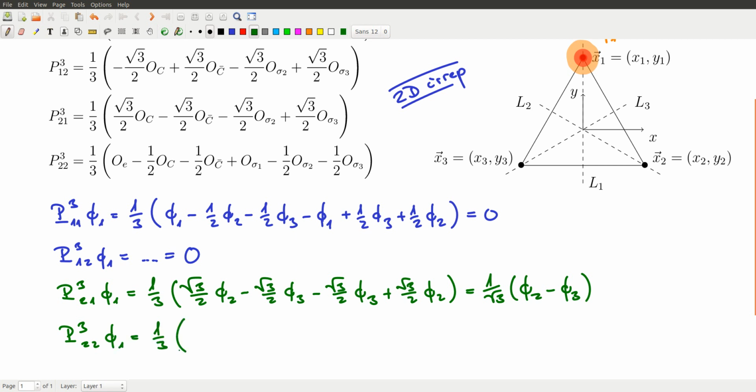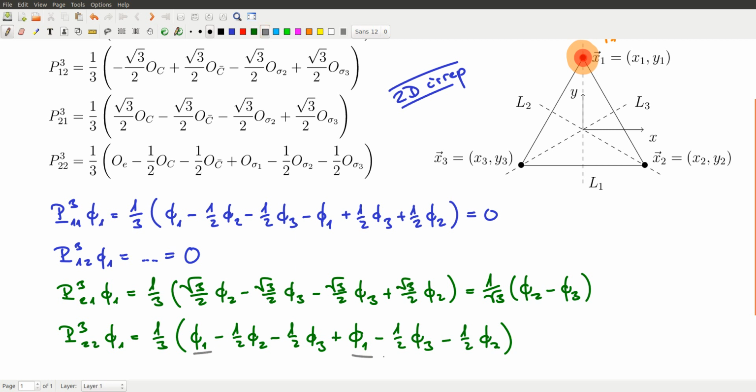That's 1 over 3. And now the identity yields phi 1 minus 1/2 phi 2 minus 1/2 phi 3 plus the sigma 1 gives back phi 1 again, minus 1/2 sigma 2 gives us phi 3 minus 1/2 phi 2. So what's that?